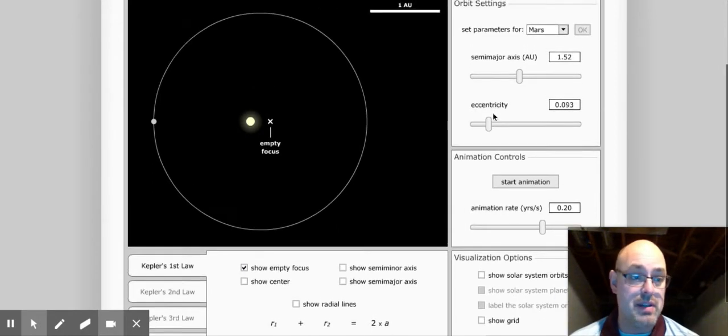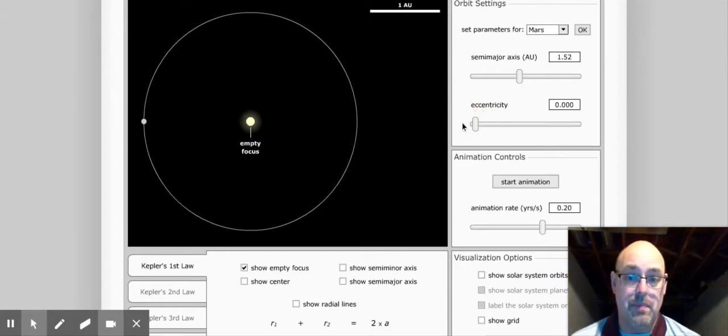Now I'm going to play with this little slider here, and I'm going to start at 0. Okay, notice where the empty focus is.